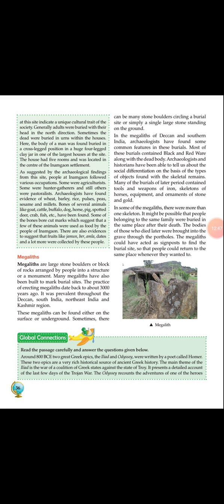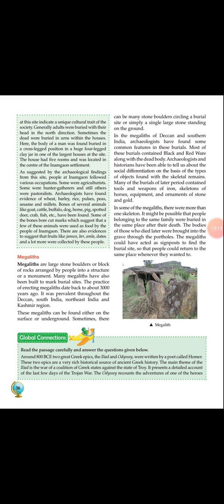At some sites there can be many stone boulders circling a burial site or simply a single large stone standing on the ground. In the megaliths of the Deccan and southern India, archaeologists have found some common features in these burials. Most of these burials contain black and red ware along with the dead body.